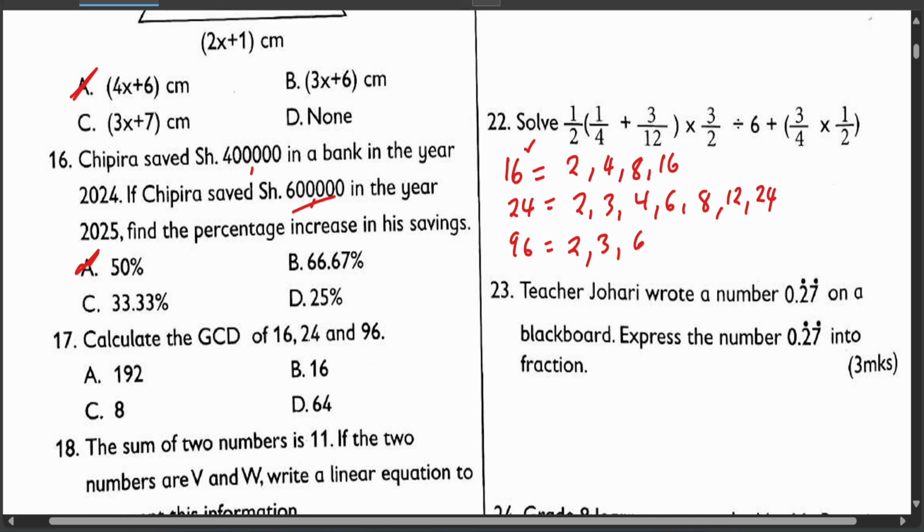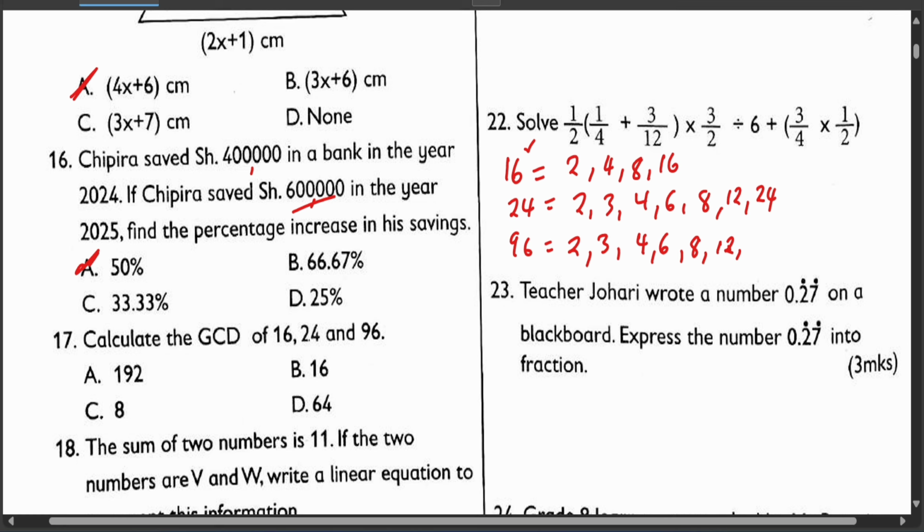But does it go with 4? Wait a minute. 96 wise ukaingia kwa 4 pia. Okay, 4. Then it goes with 6. Does it go with 8? Yes. Does it go with 10? No. 9? No. 12? Yes. It goes with 12. And 14?